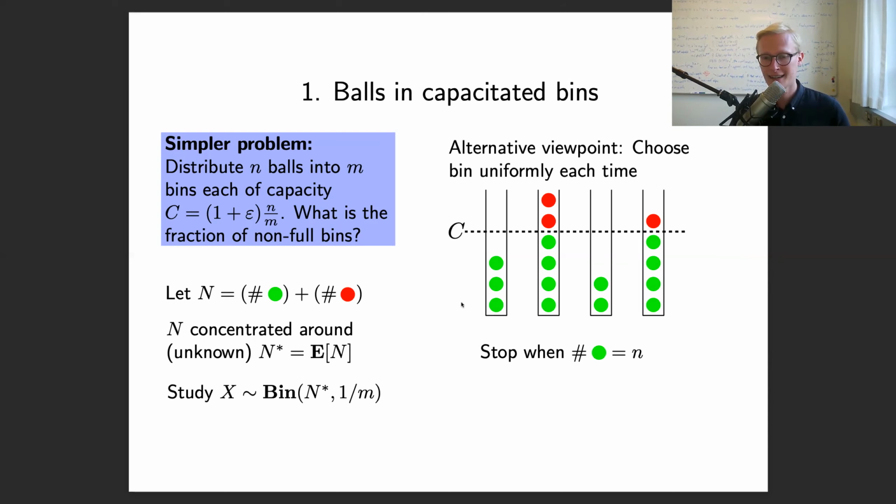And using the fact that we know that we stop when we have placed n green balls, we can actually determine N star. And once we have N star, we can also use estimates on the binomial distribution to determine what the probability is that a bin is non-full. So that's the first step, and that's what leads to this rather complicated function from the previous slide.